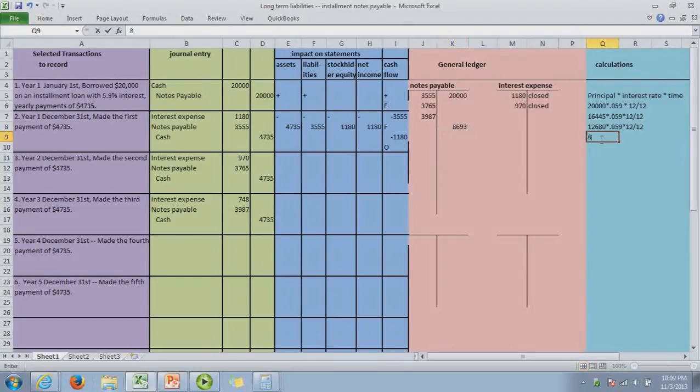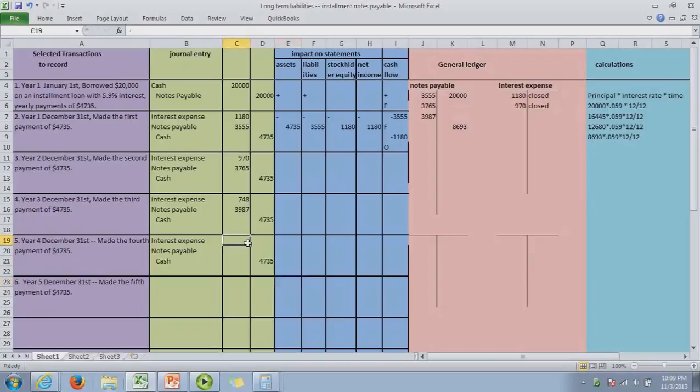So over here, 8693 times 0.059 times the usual 12 over 12. Okay. So if we bring down, this is the fourth payment now that we're making. And we always can fill in our cash payment.